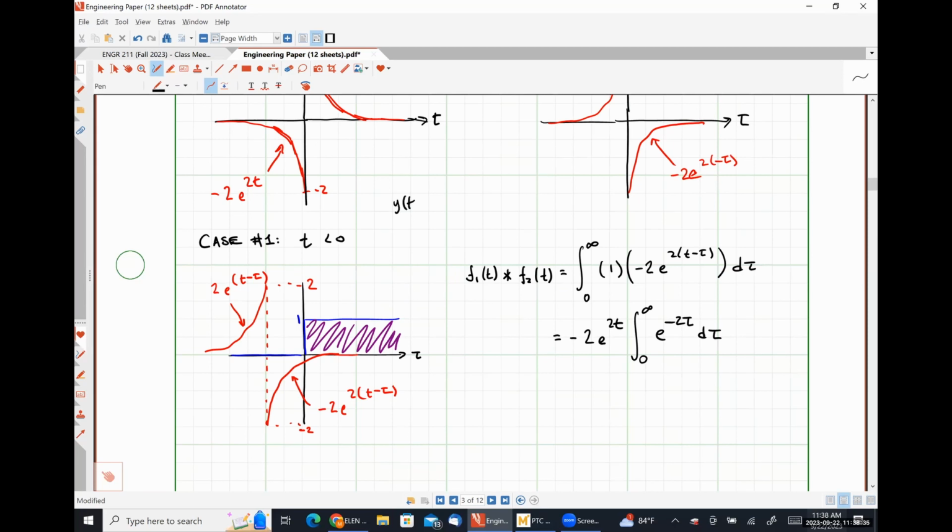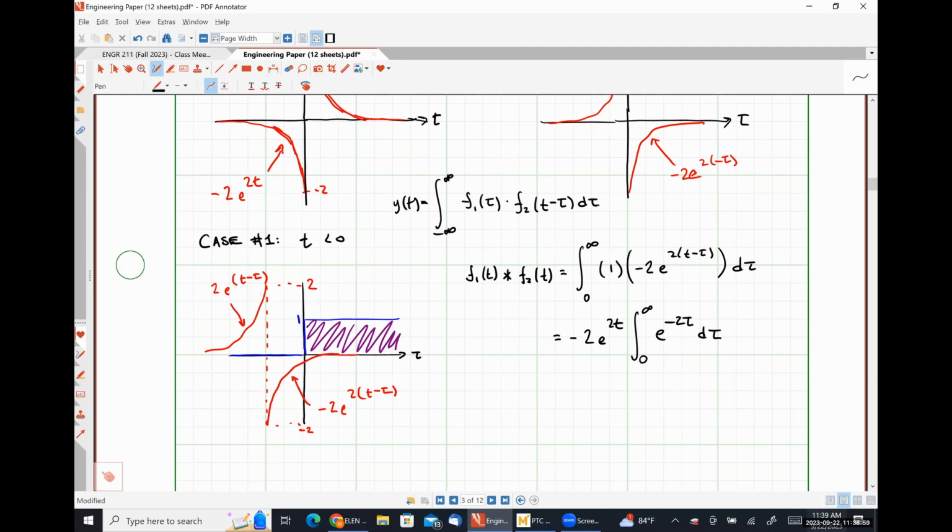So y of t is the integral from -infinity to +infinity of f1 of tau times f2 of t minus tau d tau, right?